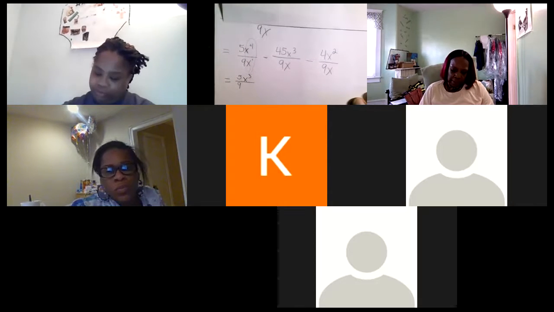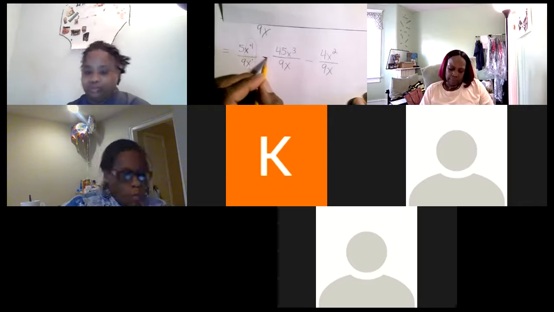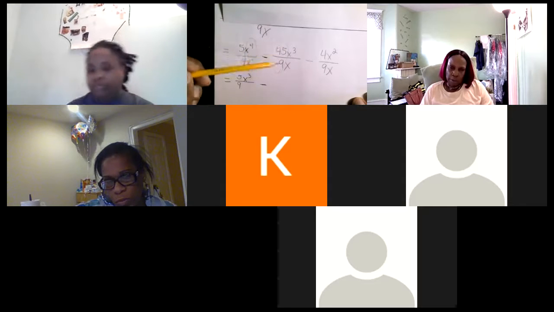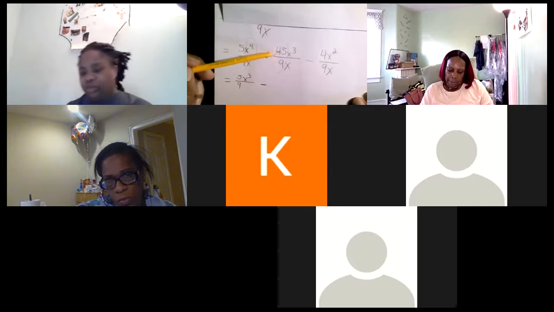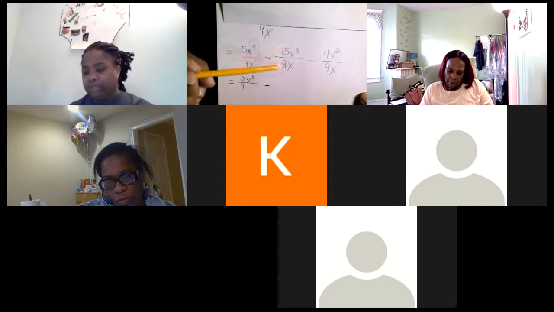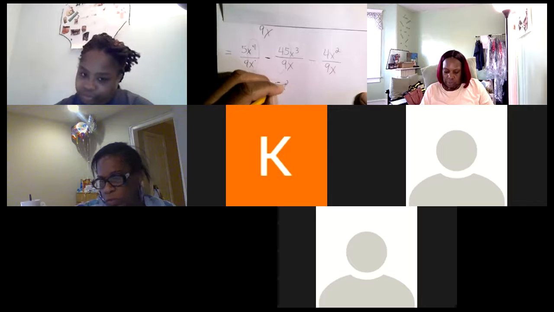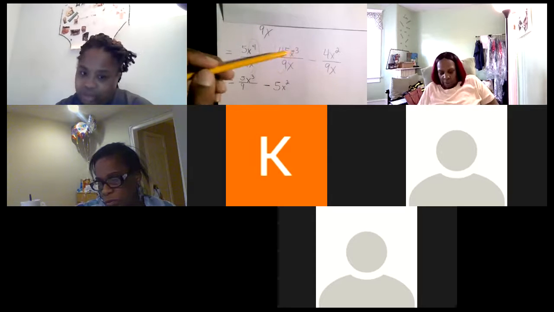I gotta write my side note. Minus sign here, minus sign here. Can we reduce these two? Yes. That reduces to what? 5/9. Well, I'm just looking at the numbers. That's 5. Okay. 5x squared.